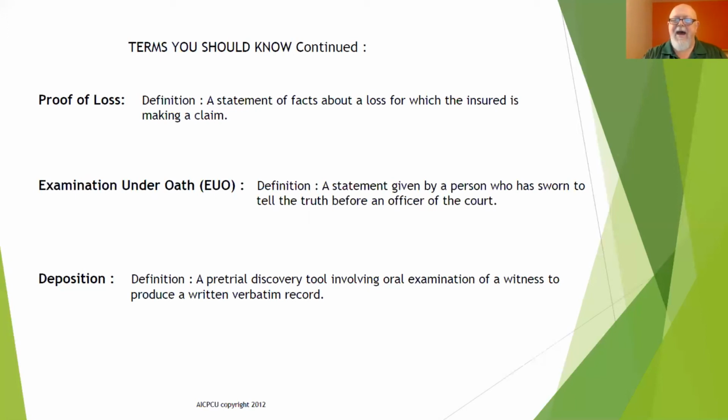The next step beyond that is something called a deposition, which is actually a pre-trial discovery tool. If we are taking the insurance company to trial, there is no doubt that your client will be asked to provide a deposition. And this is a sworn statement, an oral testimony to the facts of the case.